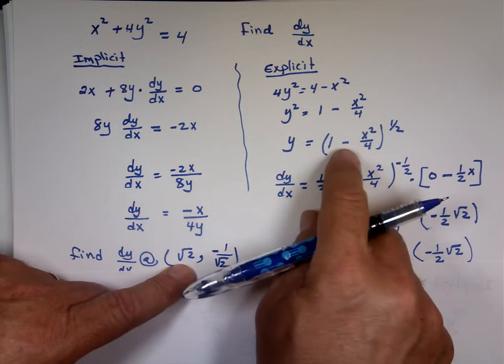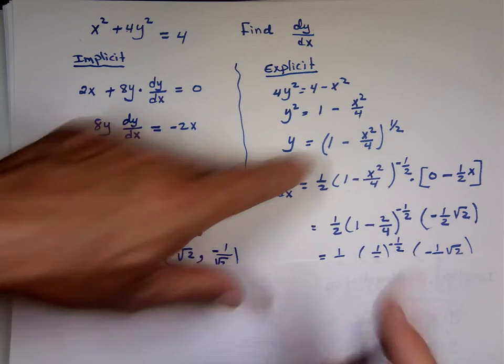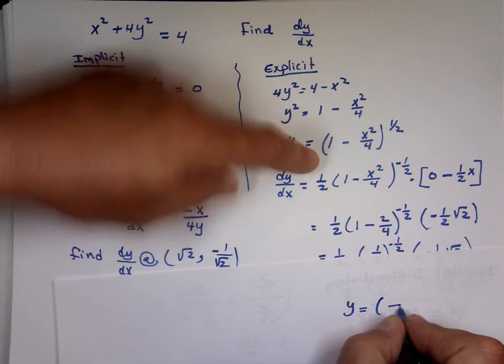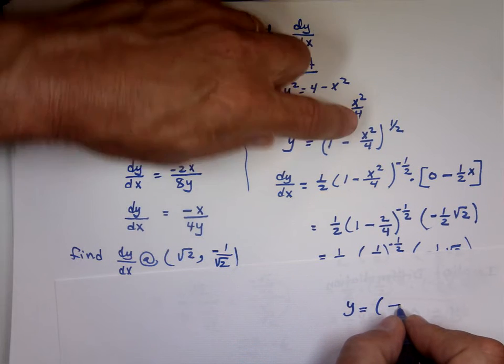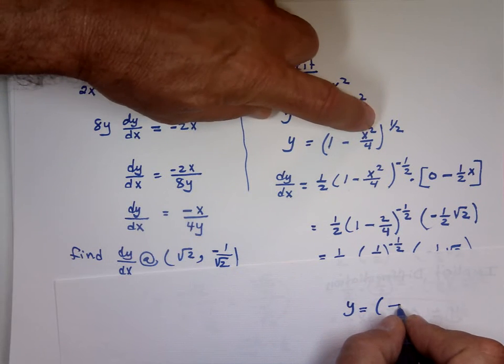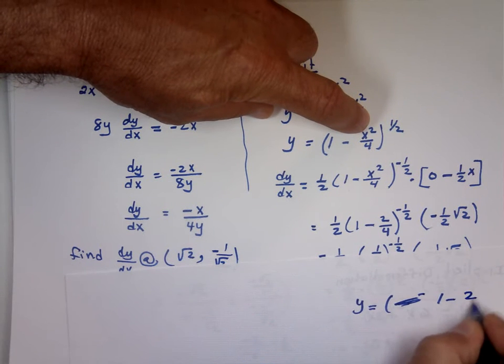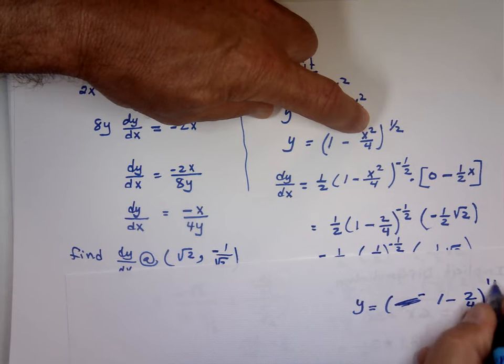Look at the math. When x equals 2, what do you have? y equals 1 minus, when x is the square root of 2, what is the square root of 2 when you square it? So that would be 1 minus 2 over 4 to the power of 1/2, right?